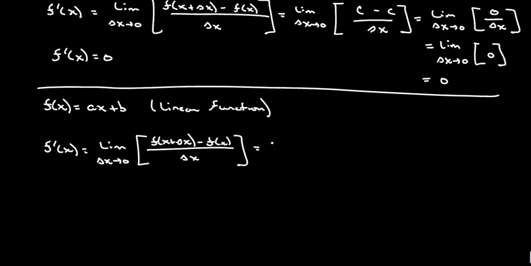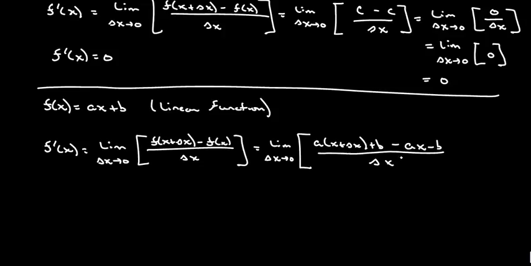And so using this function, this will be equal to the limit as delta x goes to 0 of a times x plus delta x plus b minus this guy right here, so minus ax minus b, all over delta x.